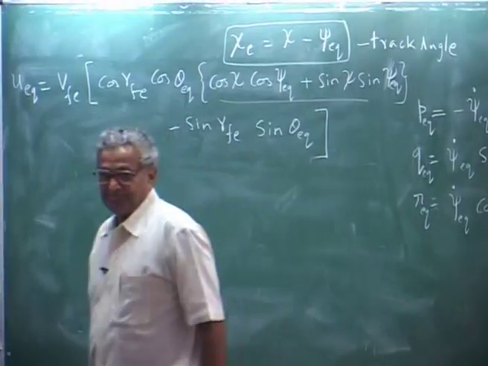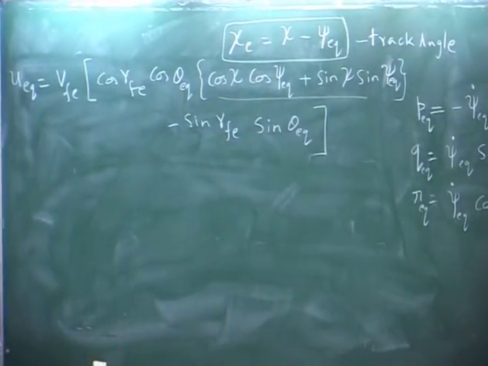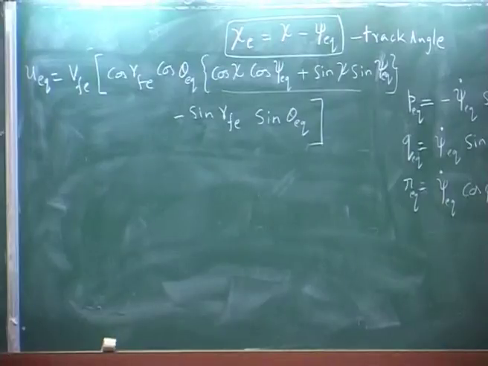This is something new, track angle. That is why you do not define it now, but later the track angle will come. You have to solve for the track angle.